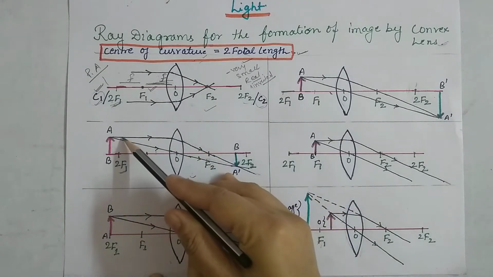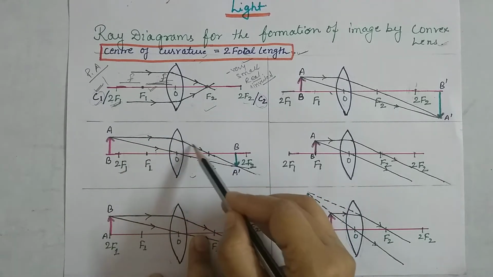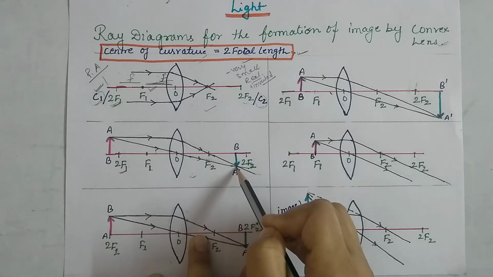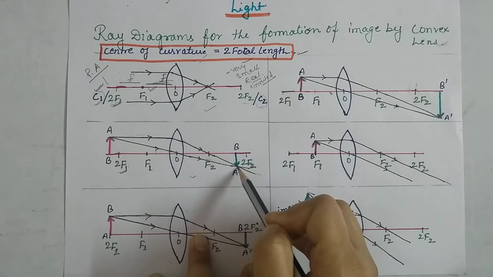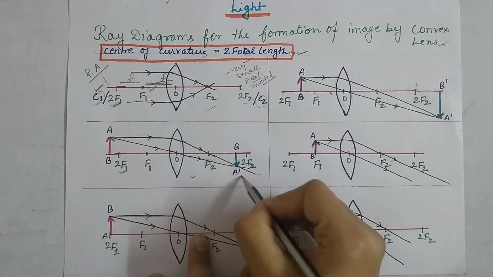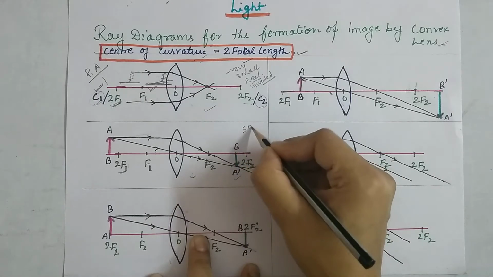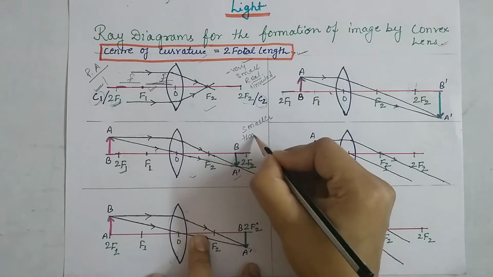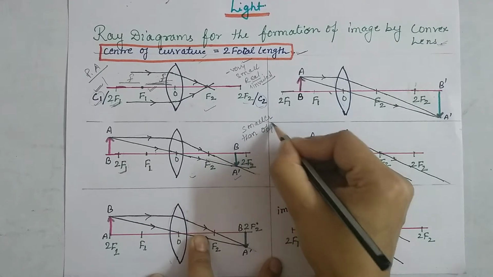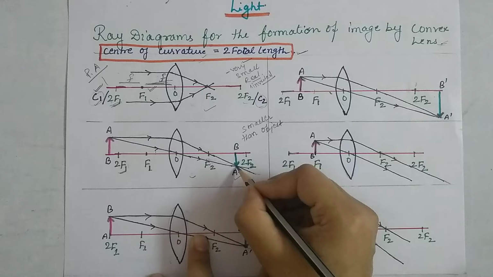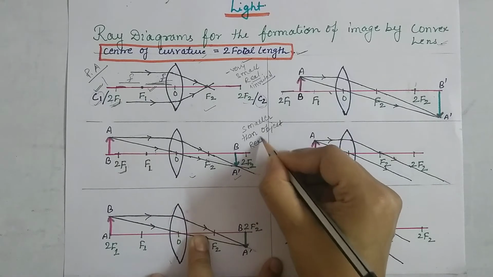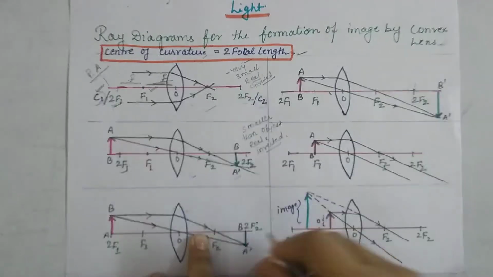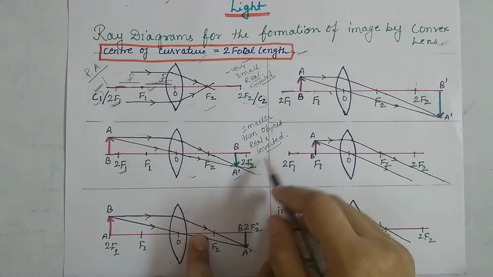You can see this light ray going through the focus, and through the optical center it is not bending. Here you get an image that is smaller than the object, and this image is real and inverted.